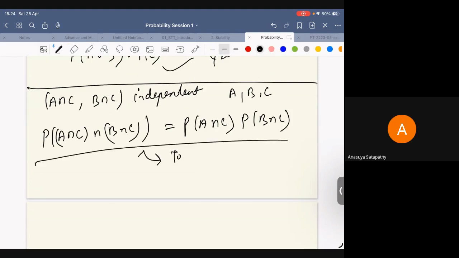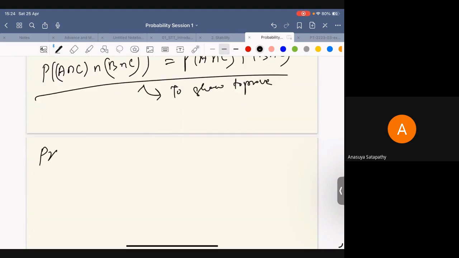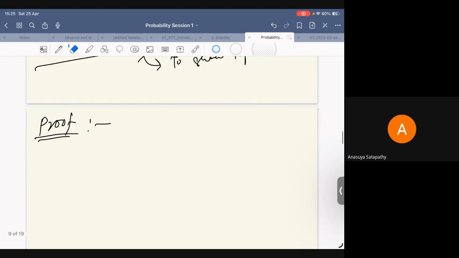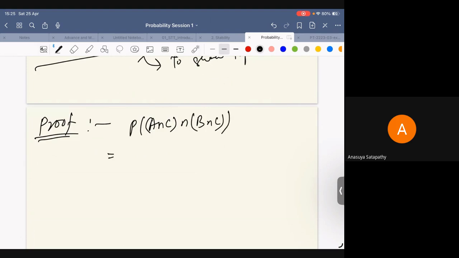So let's prove this. Probability of A intersection C intersection B intersection C is equal to probability of A intersection C times probability of B intersection C.